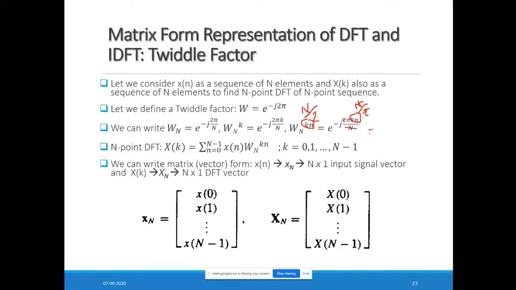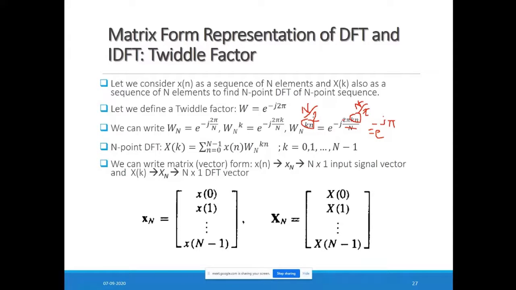Now the final term we are getting is e raised to minus j pi. So omega n raised to kn, where we take the midpoint, that is N by 2.